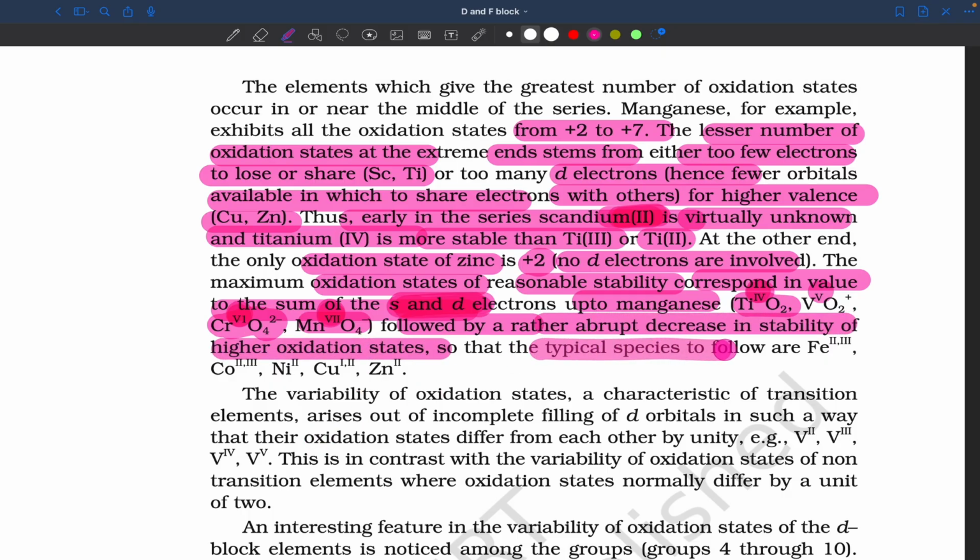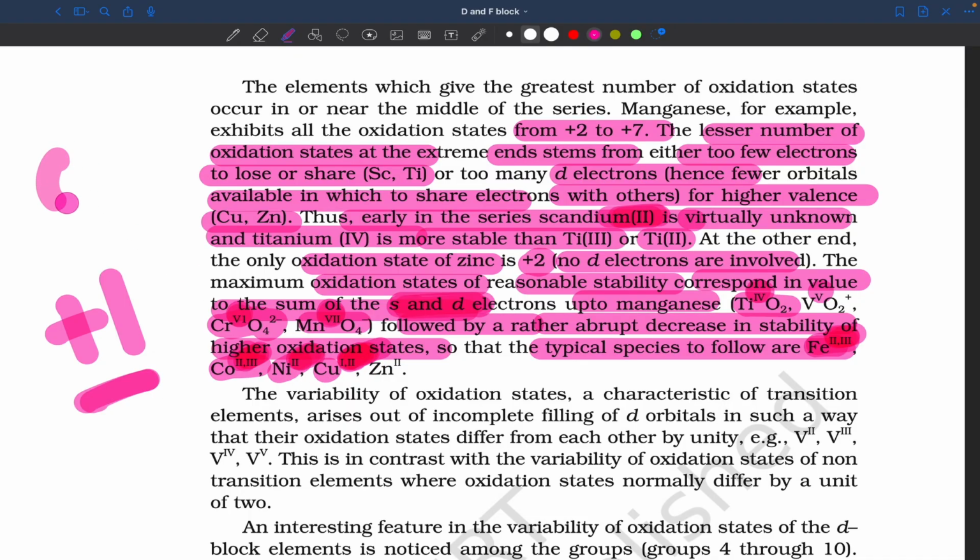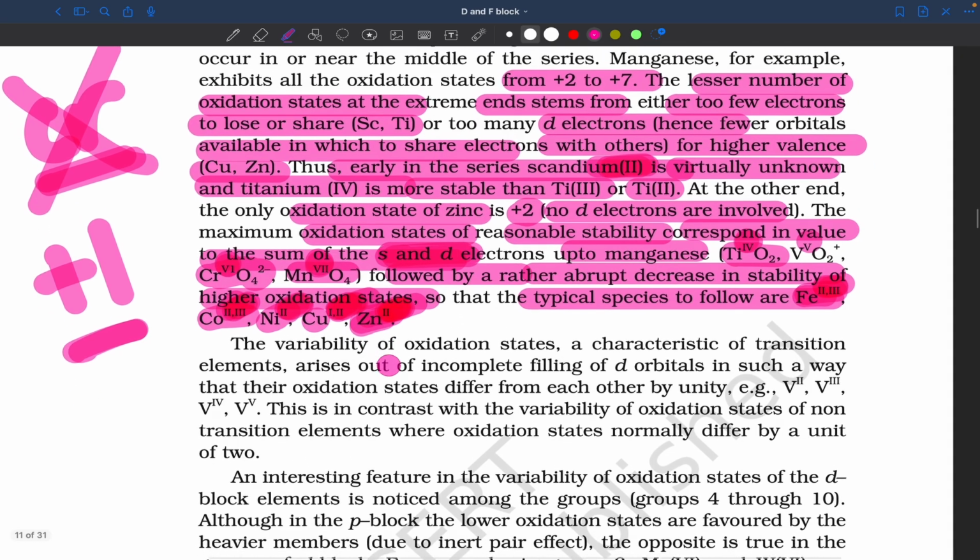The typical species are: Fe shows +2 and +3, cobalt shows +2 and +3, nickel shows +2 oxidation state, copper shows +1 and +2. The only element which shows +1 oxidation number is copper. Chromium has 4s1 but will not exhibit that oxidation number, and zinc has +2 oxidation number. So these things you should remember.